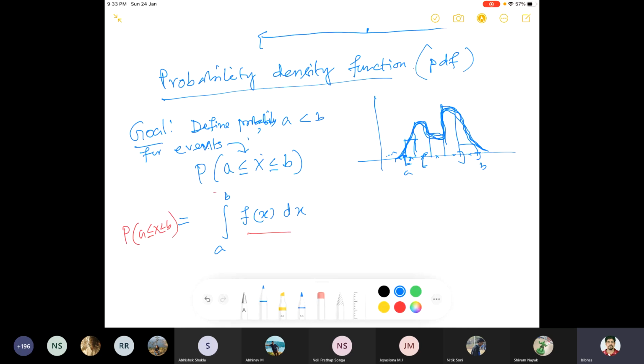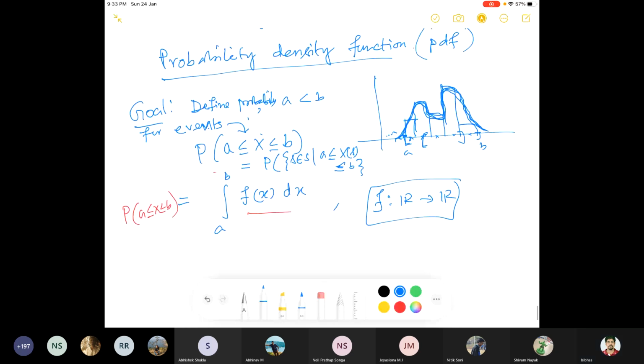So given a and b, this is like the probability of all such x belonging to S such that a is less than or equal to X of S and less than or equal to b. Then I'll say a function f(x) is said to be a density function. Here f is a function from R to R.